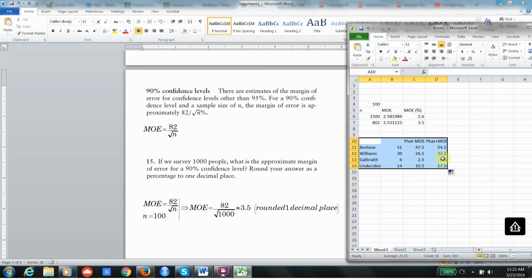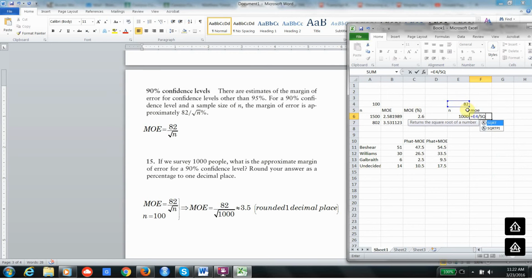I'm just going to use Excel to do it, but it's easy to do in a calculator. So here I'm going to use 82, and my n here will be 1,000. My margin of error is just going to be equal to this divided by the square root of 1,000.